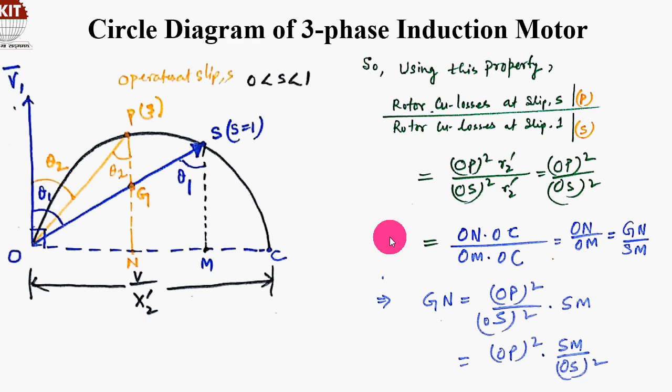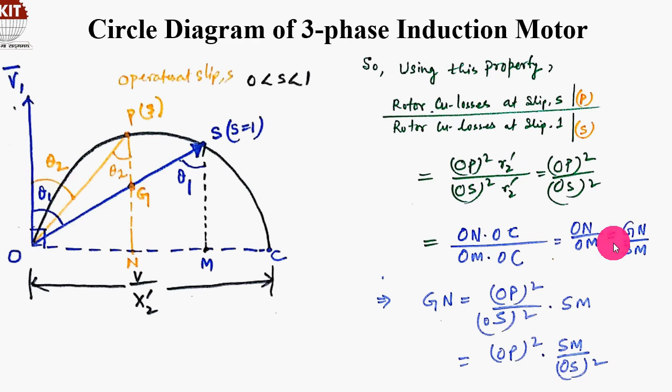So from here I can write, in this smaller triangle, ON can be replaced by this side, that is GN, and in the bigger triangle, OM can be replaced by this SM.